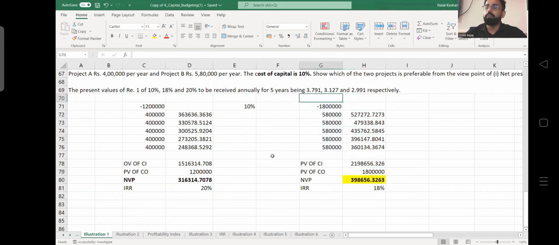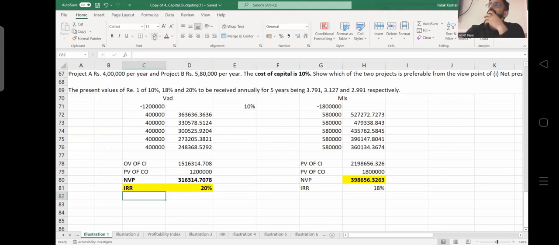The second business, Missile Power, is giving you more profit, and Vada Pav business is giving you less NPV. But in terms of IRR, the internal rate of return of Vada Pav business is more. It means you will be earning a higher profit margin in Vada Pav business.